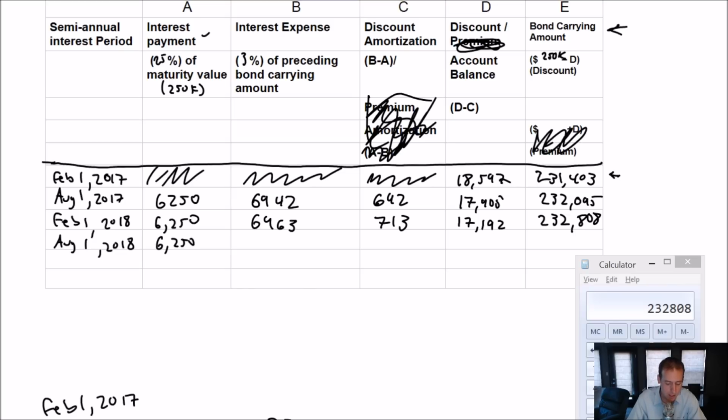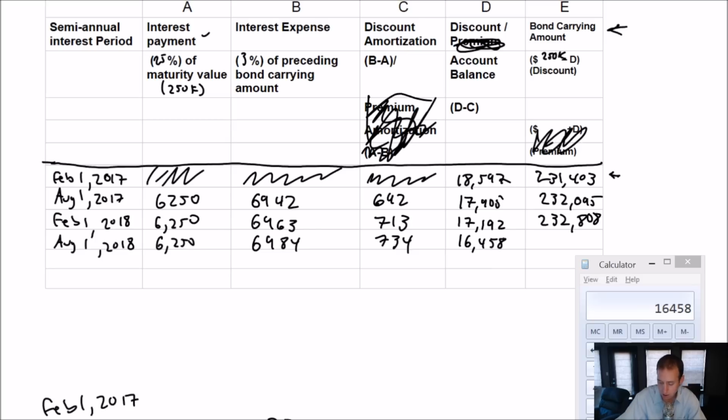August 1st, 2018, our interest expense, 3% of the preceding bond carrying amount. So I take that number that's in my calculator and I multiply by 0.03 and I get 6984. Clear the memory. I take B minus A, 6984 minus 6250. I get 734. Discount account balance, 17,192 minus 734 is 16,458.